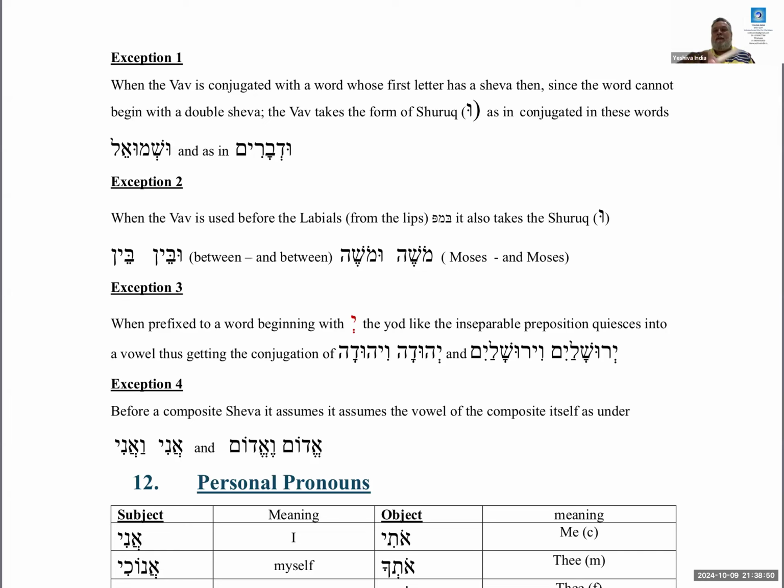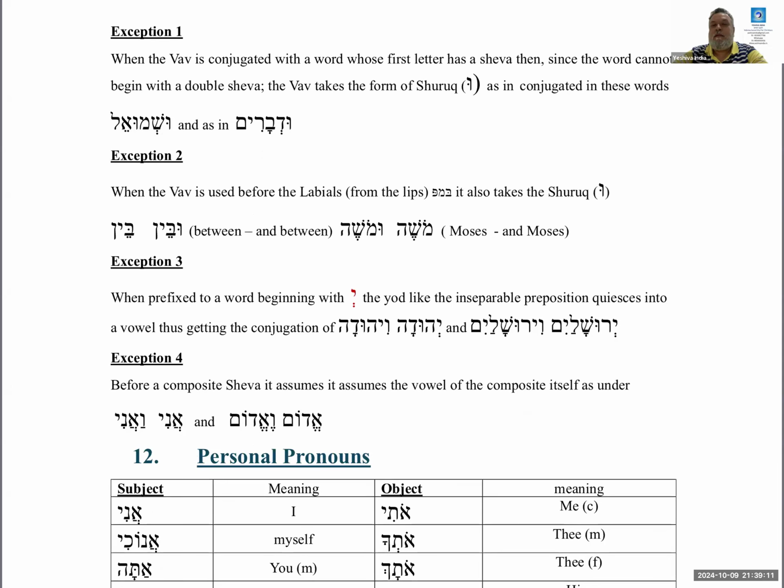The same thing happens with vav, vihuda, and virushalayim. Yerushalayim becomes virushalayim. Interesting.